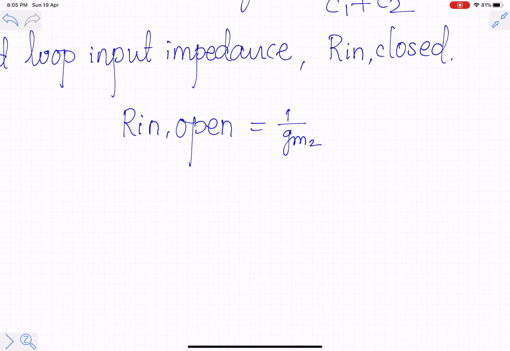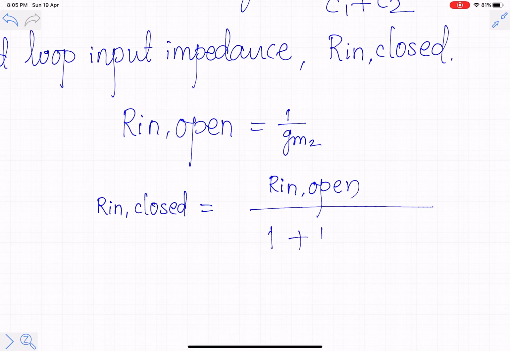So with feedback we know that the input impedance reduces by 1 plus loop gain. When the input quantity is a current, the ideal value of the input impedance is 0. So feedback takes it towards the ideal value. So I can write R in closed is equal to R in open divided by 1 plus loop gain, which is beta into AR open.